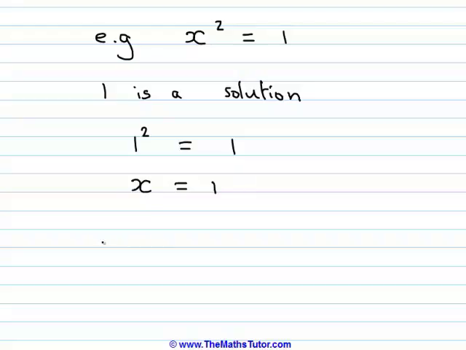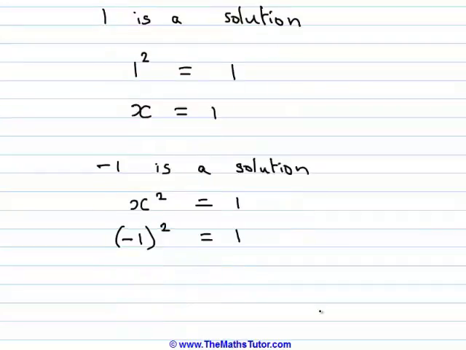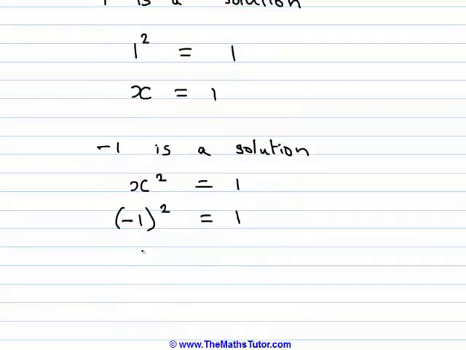But minus 1 is also a solution of the equation x squared equals 1, because if we replace the x with minus 1, it makes the equation true, because minus 1 squared is 1. So minus 1 is a solution of the equation.